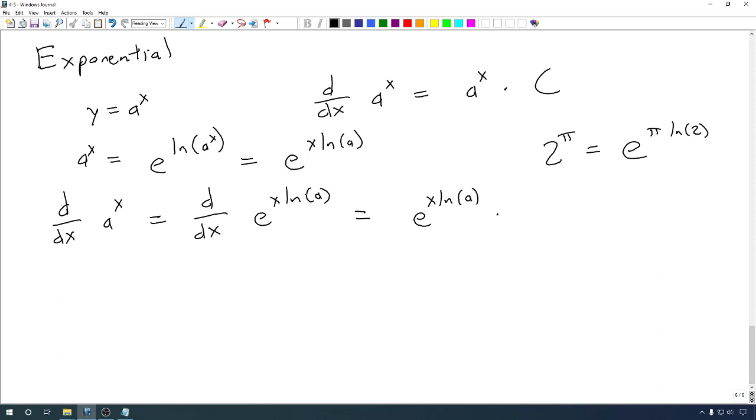Well, the derivative of a constant times x is just that constant. And then I note that e to the x ln of a is exactly what we had for a to the x in the first place. So the derivative of any base to the x power is equal to that same base to the x power times the natural logarithm of a. This constant that we were talking about here, this limit that we had, actually is the natural logarithm of the base.